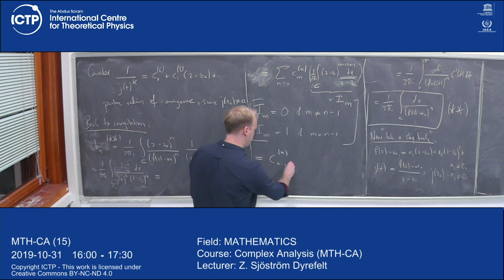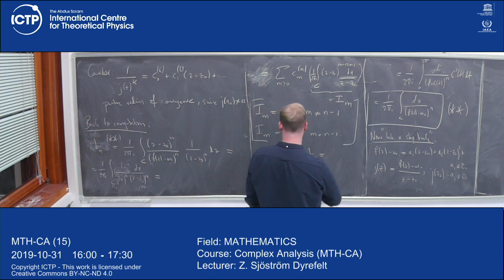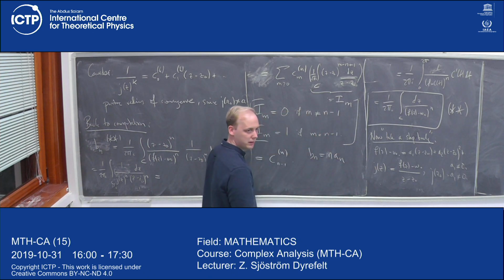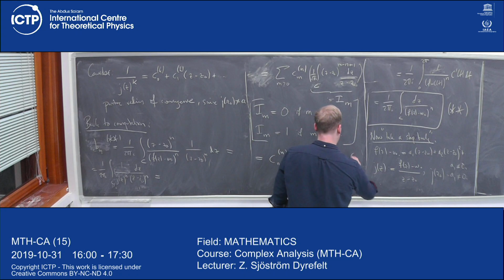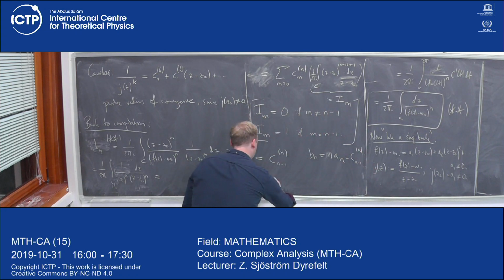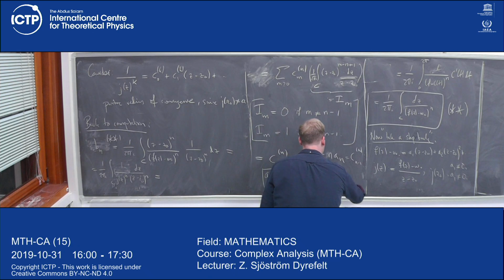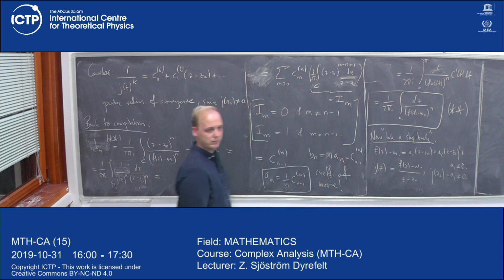So what we get is that Bn, which is n times what we were interested in, is equal to c(n minus 1, n). And this means that An is equal to 1 over n times c(n minus 1, n). So these are the coefficients of the inverse.